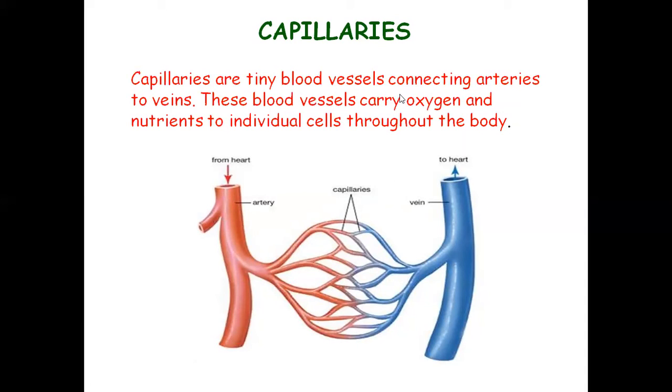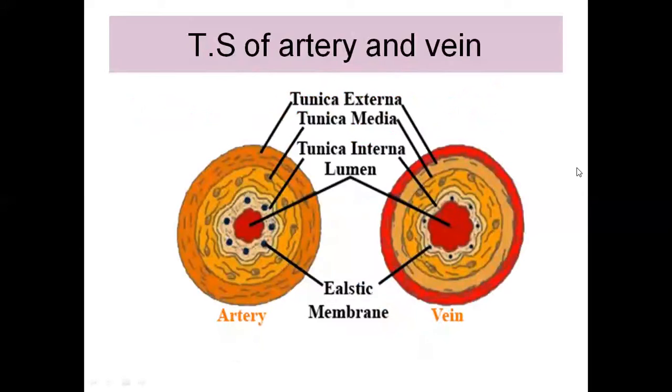Capillaries are tiny blood vessels connecting arteries to veins. These blood vessels carry oxygen and nutrients to individual cells throughout the body. Now, if you section the artery and vein, you can look at this figure.